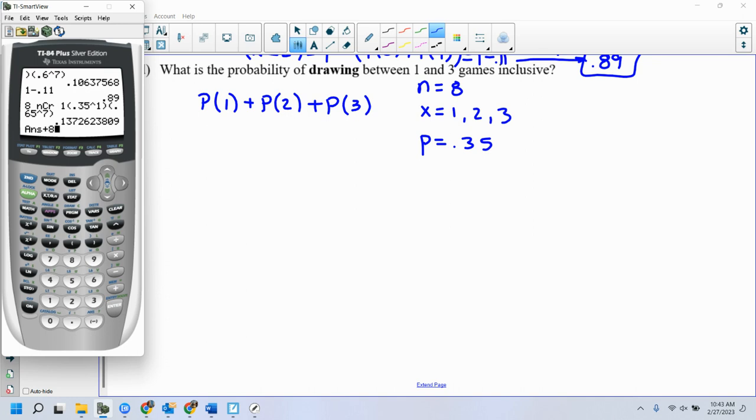Plus, I do the same thing: 8C2 times 0.35 to the 2nd times 0.65 to the 6th.